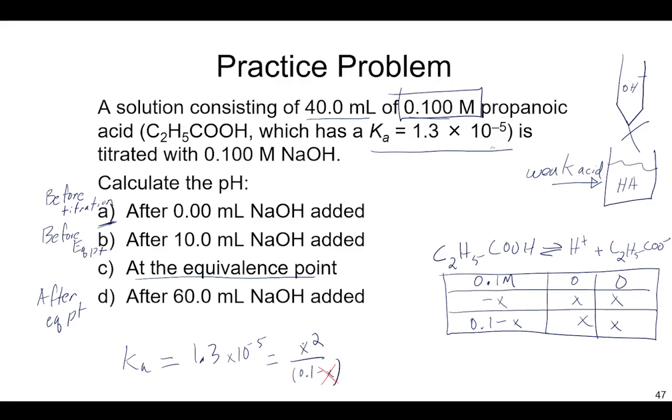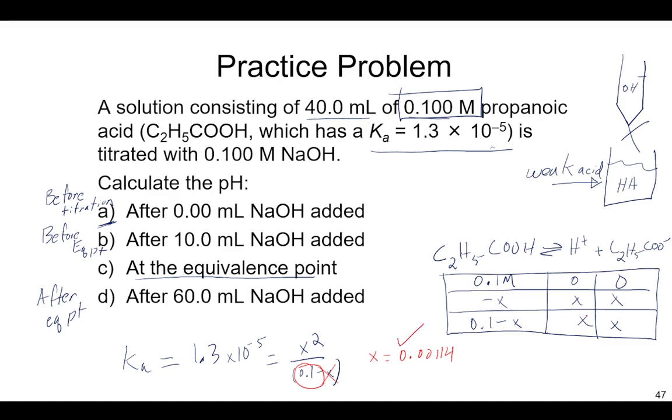Multiply 0.1 by both sides, take the square root. That'll allow you to solve for x and get 0.00114. This is less than 5% of the thing I neglected it with respect to. 0.1 is less than 5% of 0.1, so it was safe to neglect it.